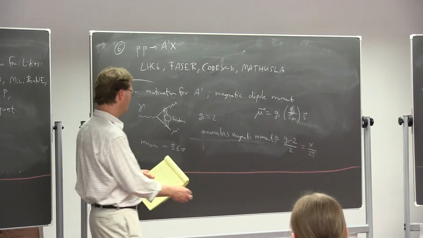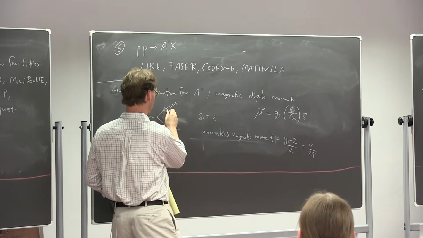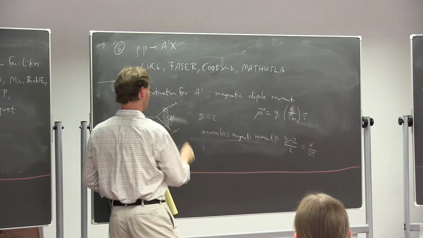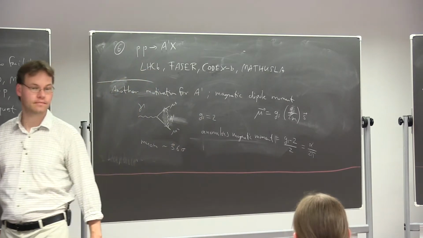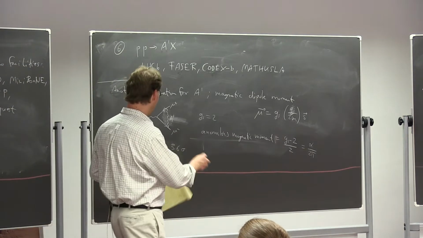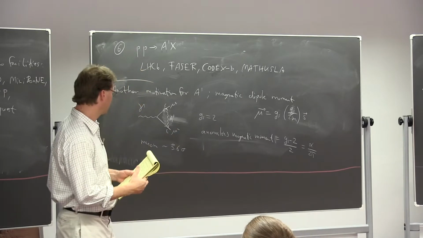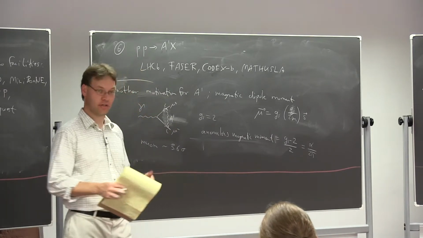And it turns out that a dark photon can explain this discrepancy by a very simple diagram. Same thing with a photon, but just put a dark photon there. Okay. And then there's an epsilon here, there's an epsilon there. And depending on the mass and the epsilon, you can actually get the right answer.